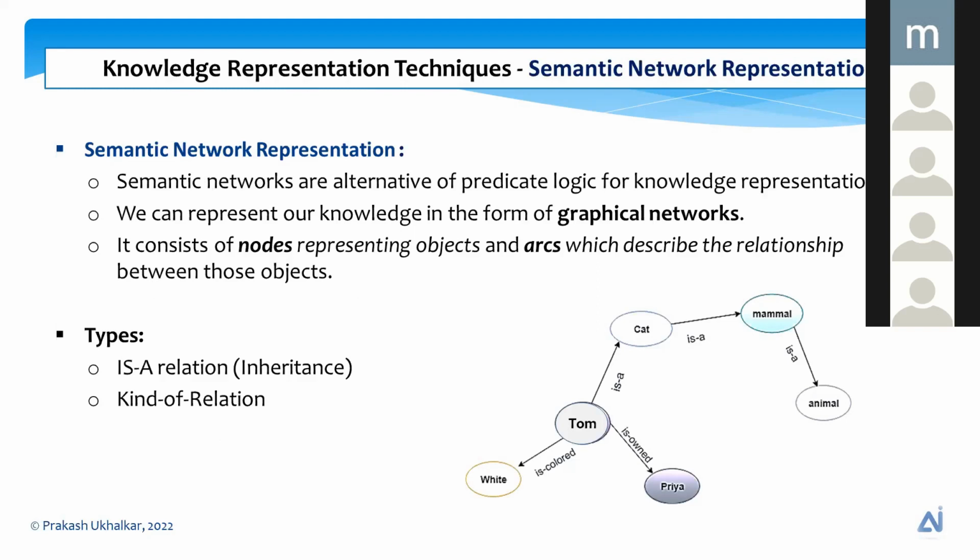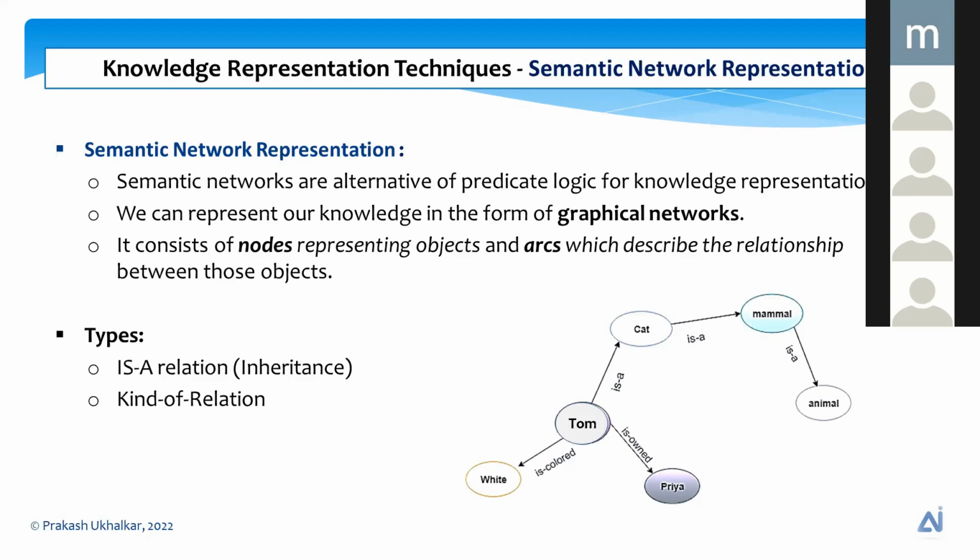As you can see in the picture, there is an example. Suppose you have some information and you want to represent it using some representation technique. One technique available is semantic network representation, and it could be represented using nodes and arcs, right? It would basically be a graphical network.